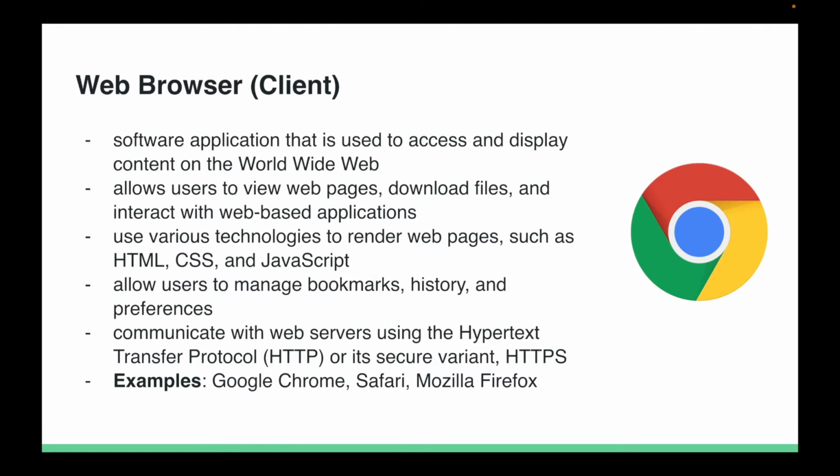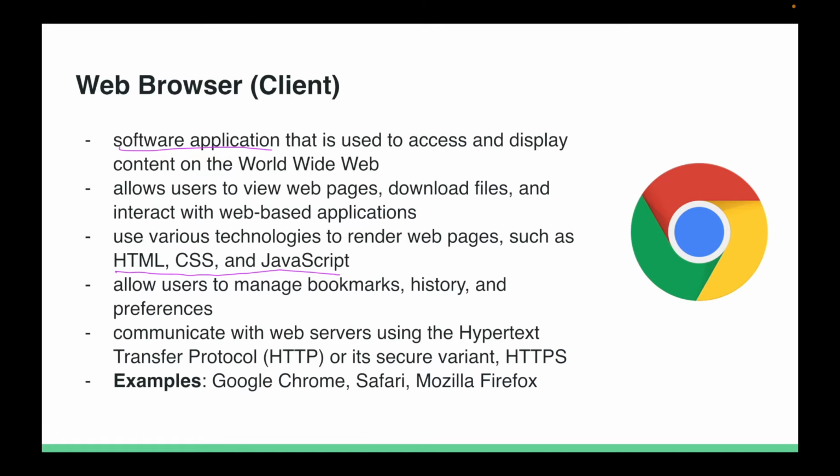Basically, a web browser is a software application that is used to access and display content on the World Wide Web. We're specifically talking about web pages. You can also download files through a web browser and interact with web-based applications. Now, when we're viewing web pages on a web browser, those web pages are typically composed of HTML, CSS, and JavaScript.